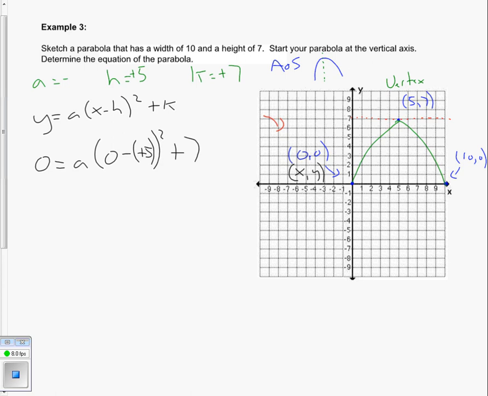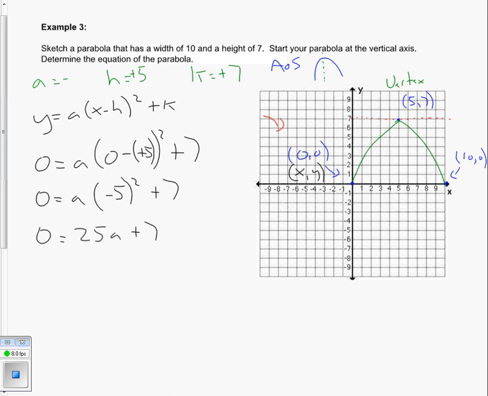So now I'm going to use BEDMAS to try and simplify what's in the middle here. Okay, so 0 is equal to a times (0 minus positive 5), which is negative 5 squared, plus 7. So 0 is equal to 25a, because negative 5 squared is 25, and 25 times a is 25a, plus 7.